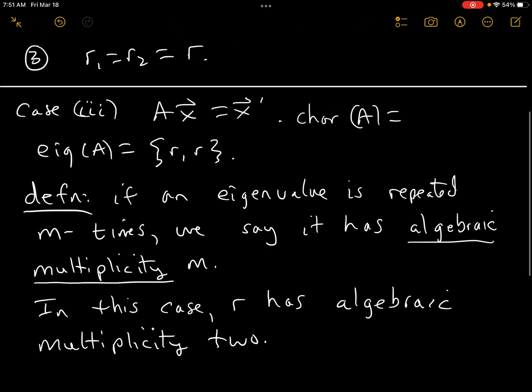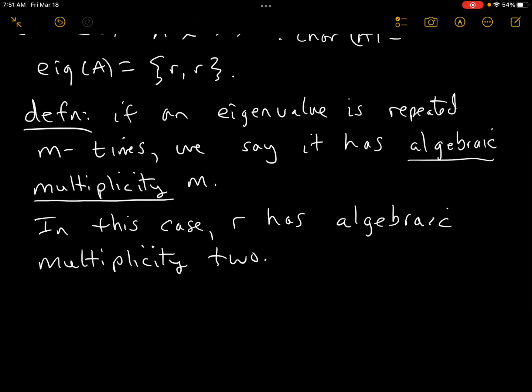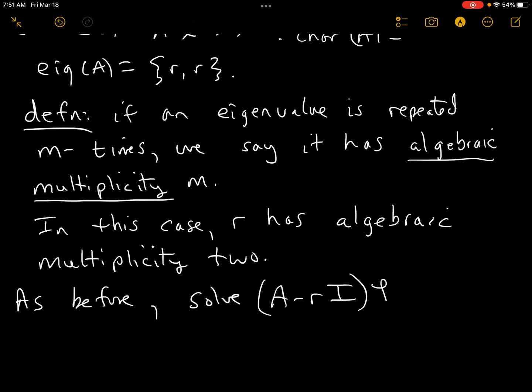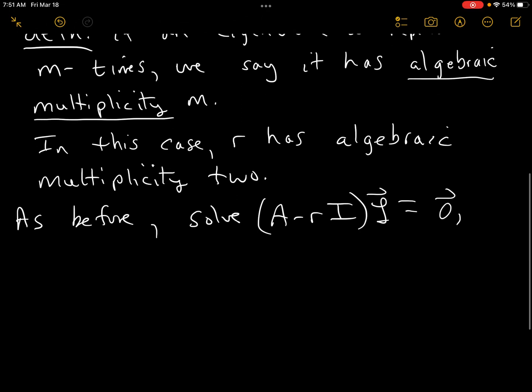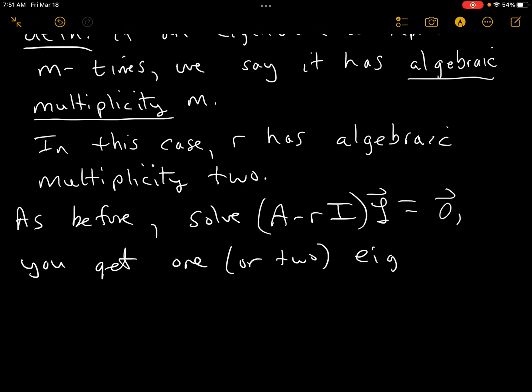Okay, so as before, when you solve (A minus R I) zeta equals 0, in this case, you get 1 or 2, but usually 1 eigenvector.